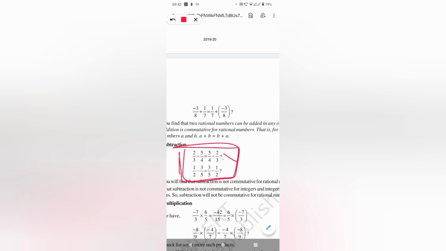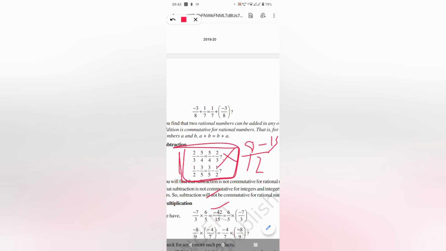So first we need to take the LCM, like 12. Then 3 divided into 12 is 4, 4 into 2 is 8. 8 minus 4 into 4, 12 divided by 4 is 3, then into 5 is 15. 8 minus 15 is what?